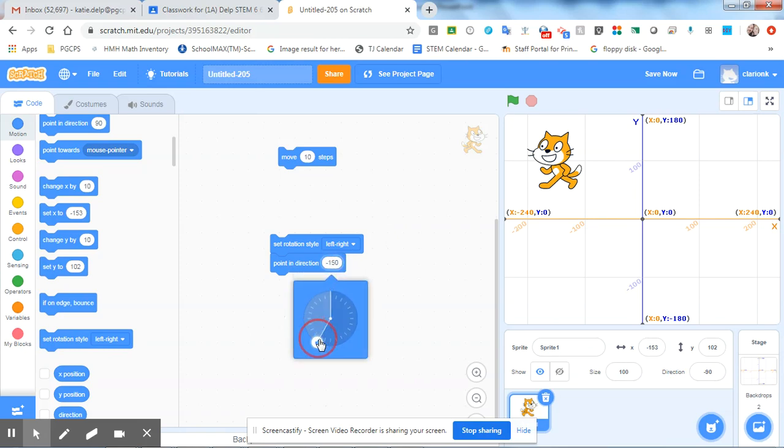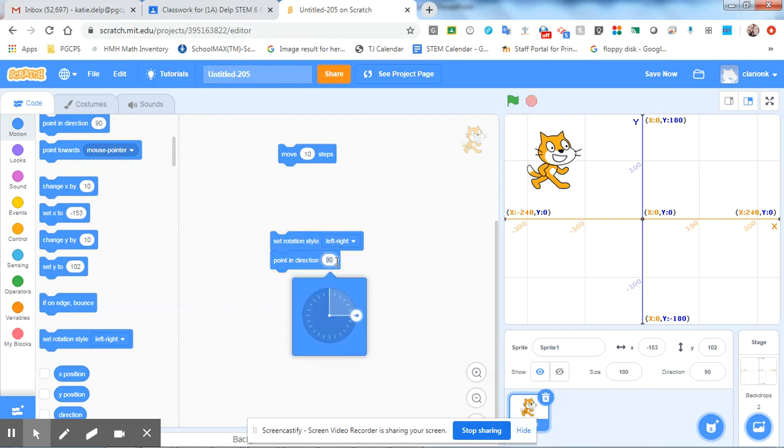And I can have him go ahead and turn and face the right now. And he looks great. And go back over to the left. And you'll see I fixed that problem of him flipping upside down. The way I did that is just by adding this block and setting the rotation style.